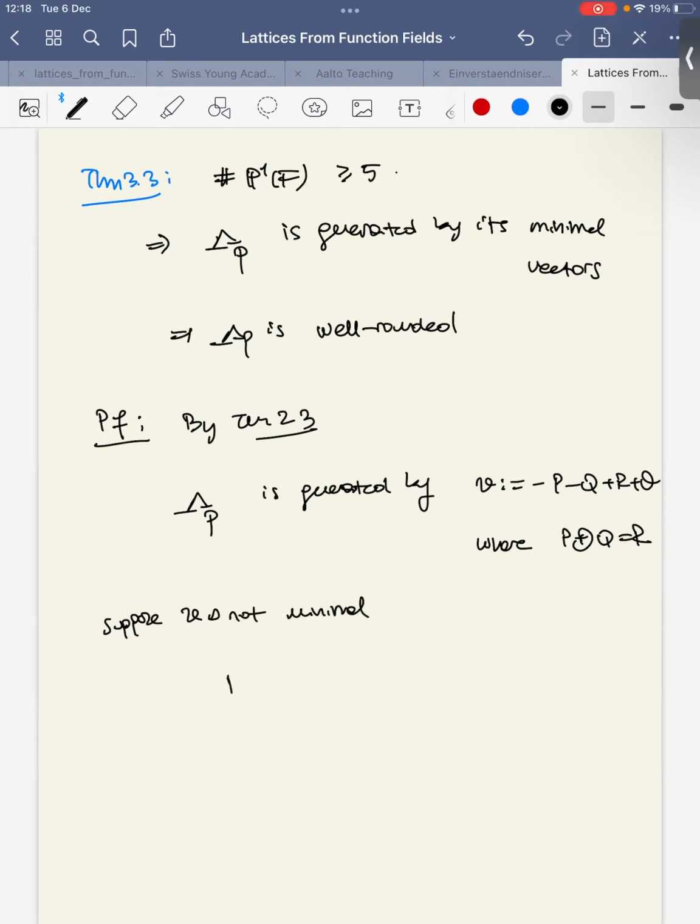So that means suppose P, Q, R, and O are not all distinct.